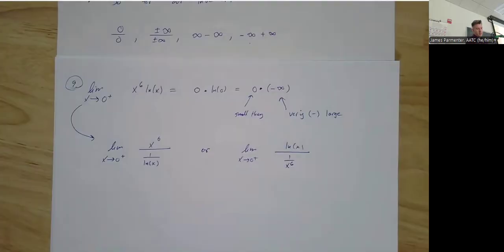And your guiding principle here should be that the thing that ends up in the denominator, you want it to be something that simplifies easily or you take the derivative of easily.